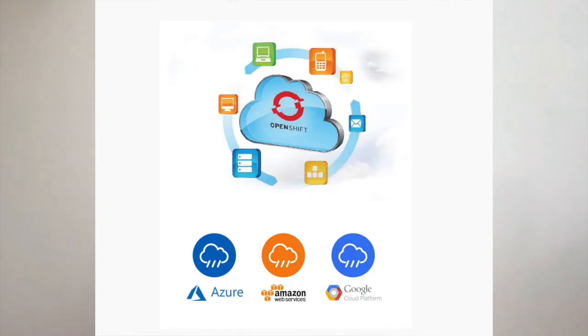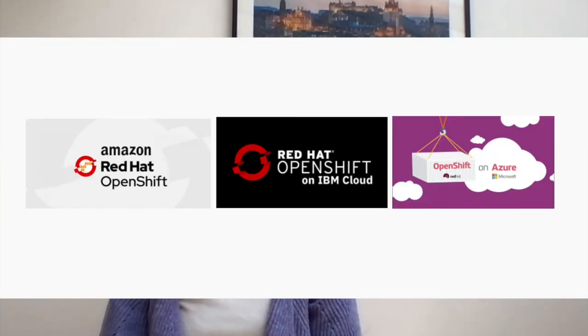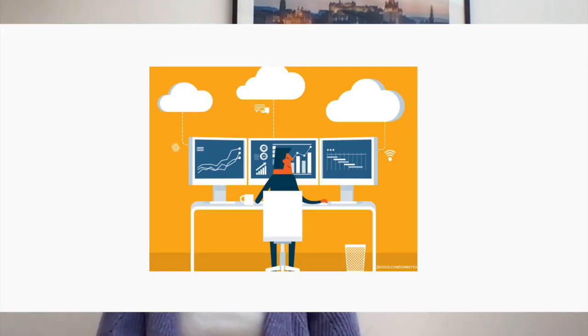OpenShift integrates effortlessly with major cloud vendors because it sits as a layer on top of the vendor platform. Many of these cloud providers also now offer managed support with OpenShift clusters. The benefit this common layer brings across all cloud vendors is a standardization in managing containerized applications across these platforms. The correct term for this is that OpenShift offers a cloud-agnostic solution to cloud application development and hosting.